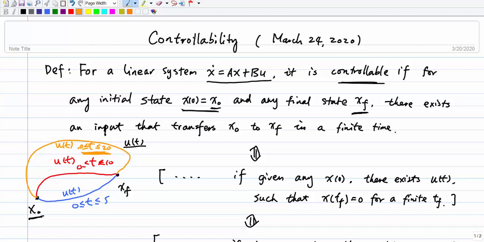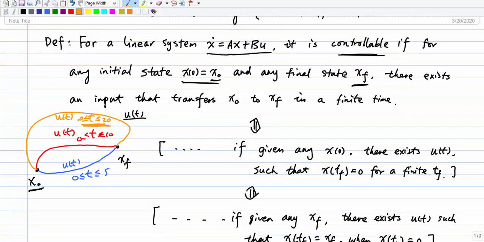This definition is equivalent to the following definition: the linear system is controllable if, given any initial state x0, there exists a control input u(t), a series of control inputs at different times, such that x(tf) will be 0 for a finite time tf. Which means I want to drive the state to 0, this is the origin.